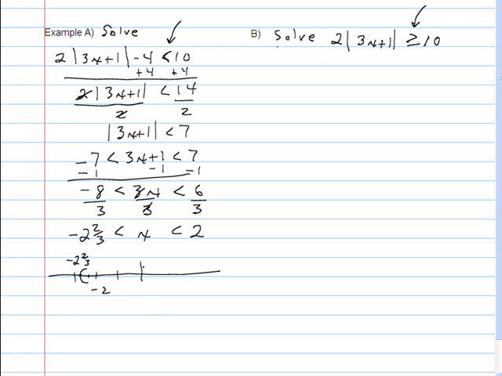I made it curved because there's no equal to bar here, so x can't equal this. On the other side, x is smaller than 2, and it can't equal 2, so again I use a curved bracket.